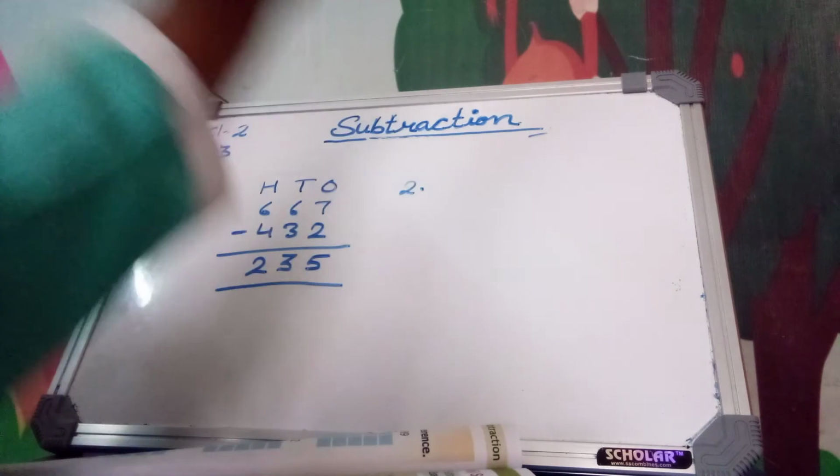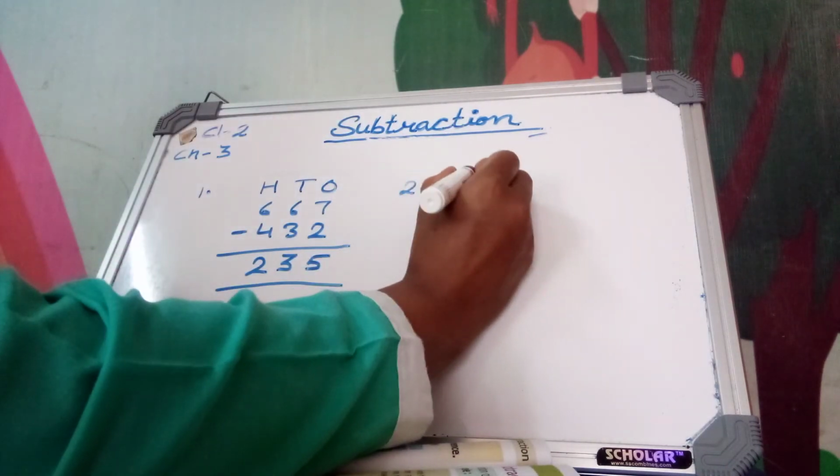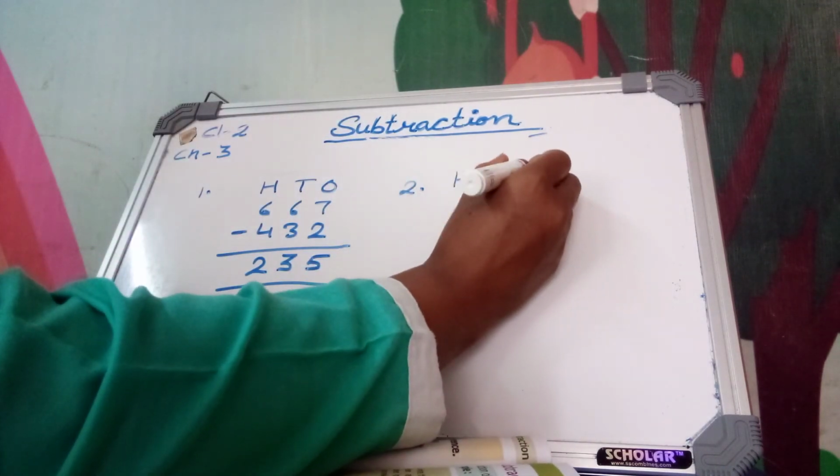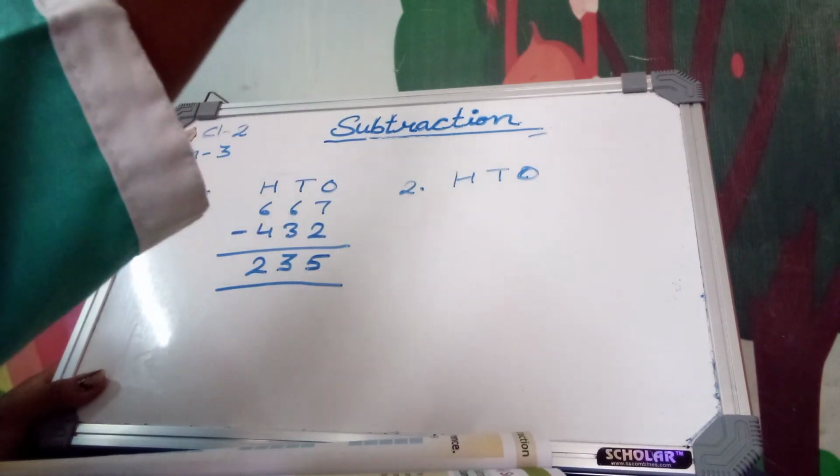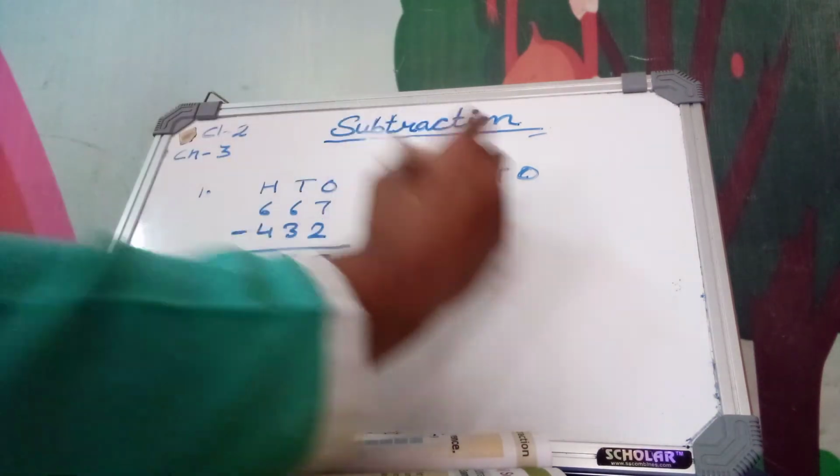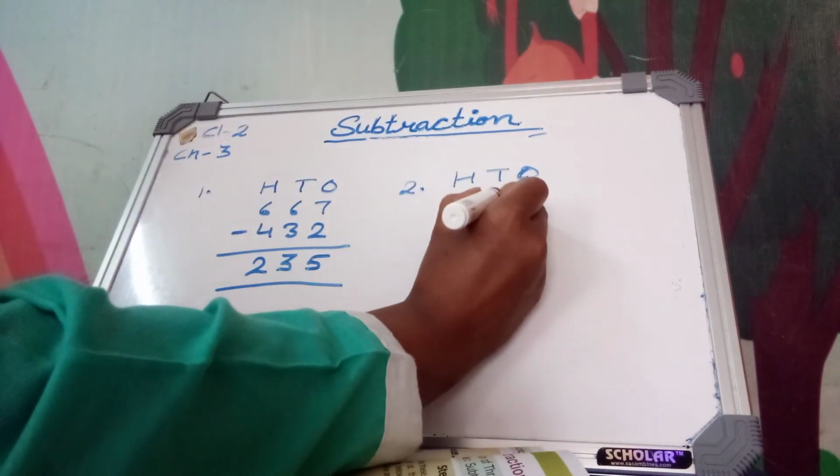Now see question number 2. Ones, tens, hundreds. Okay. The number is 895.